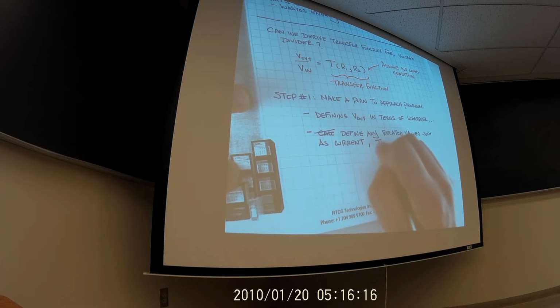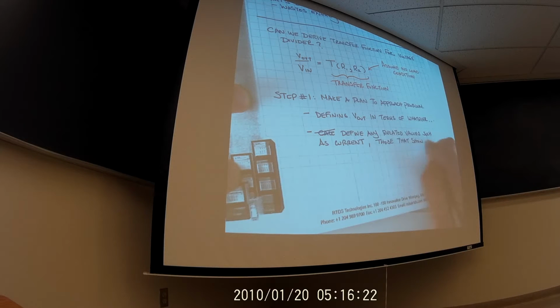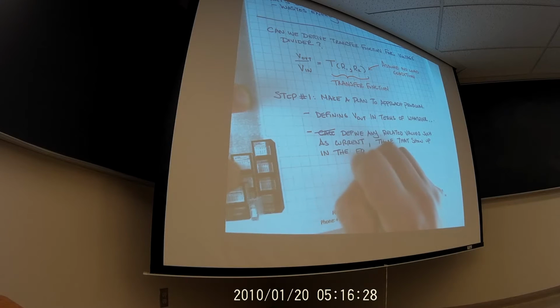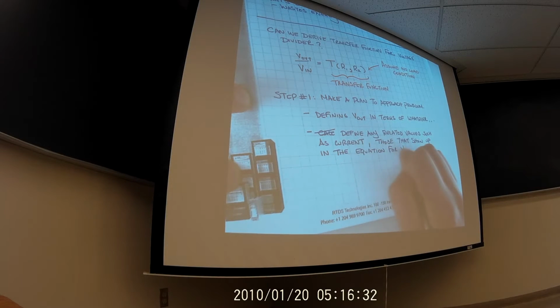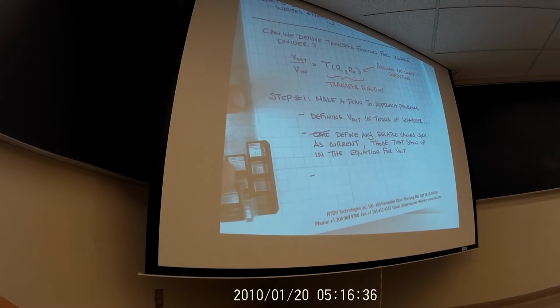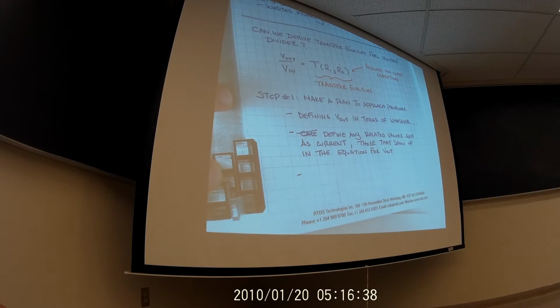And when I say related, I mean those that show up in the equation for V out. And then lastly, we're going to make our substitutions, and we're going to try to solve everything down to what we want.